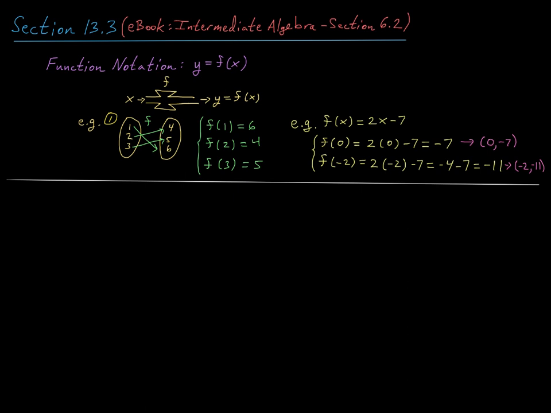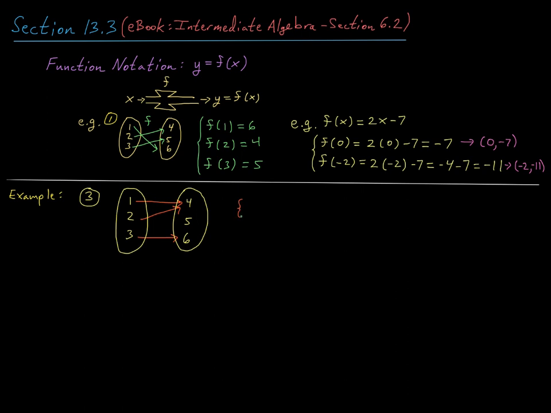All right, cool. So now let's look at another example here. Let's say for this example, I have something like this. 1 gets sent to 4, 2 gets sent to 4, and 3 gets sent to 6.